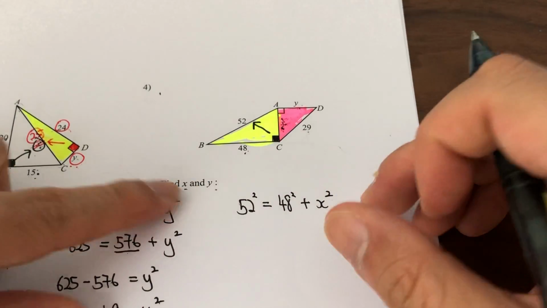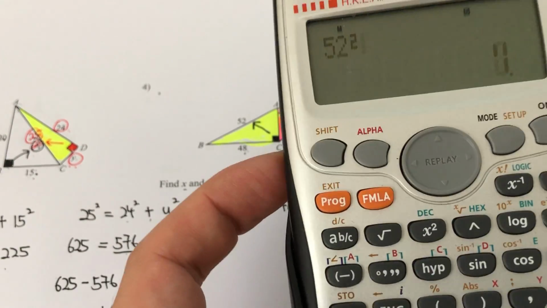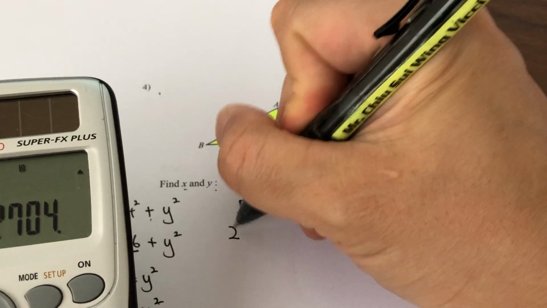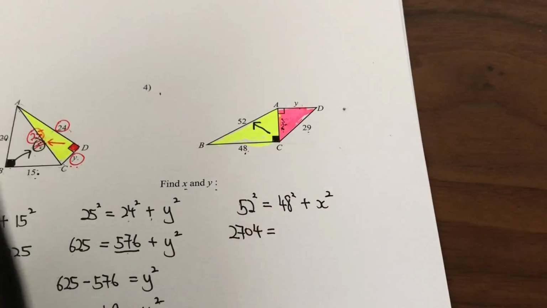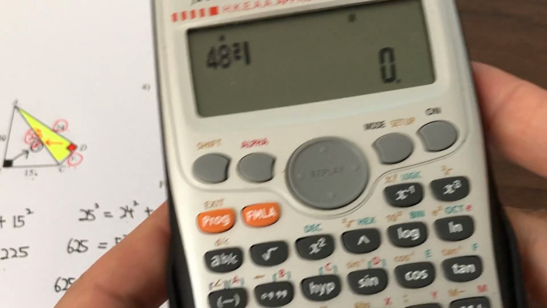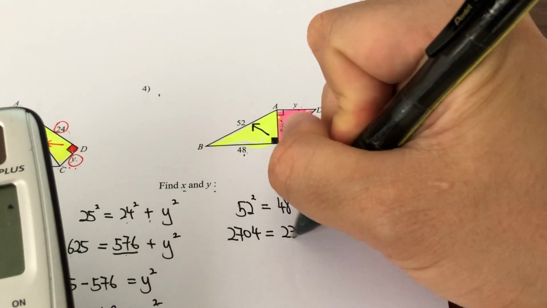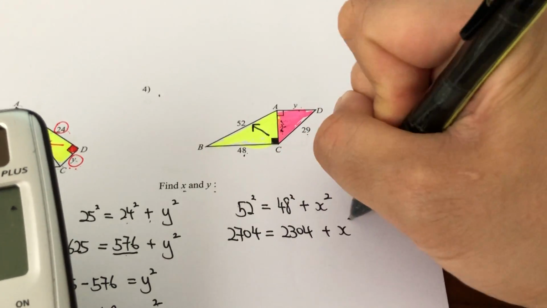Alright? So let the calculator do the job. 52 squared, 2704, and 48 squared, 2304, plus x squared.